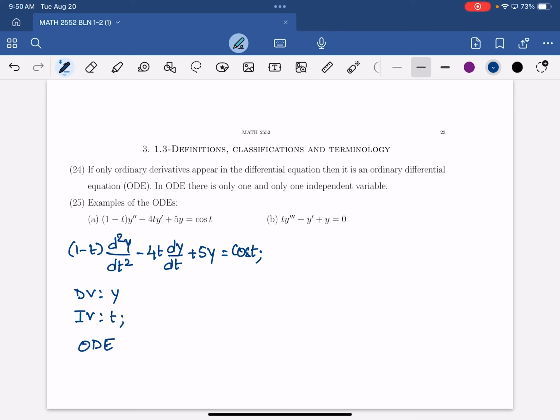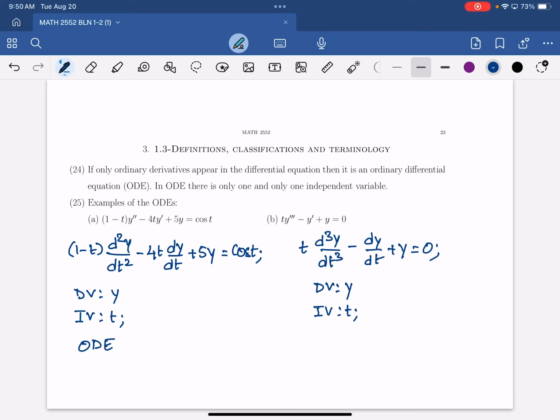And the next problem, I can write this as t times d cubed y dt cubed, meaning y triple prime, minus dy dt plus y equals 0. Once again, I can see that the dependent variable is y, the independent variable is t.